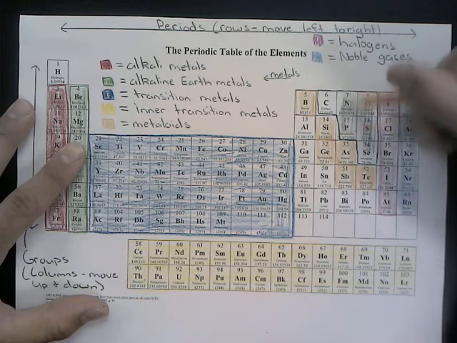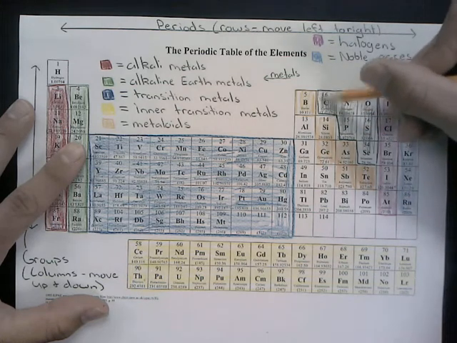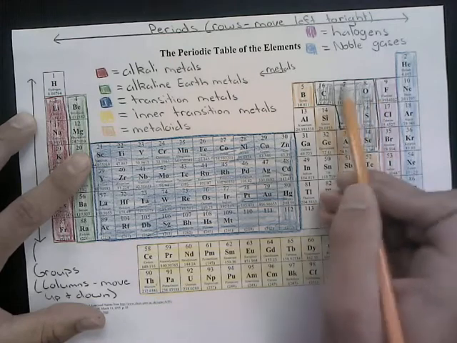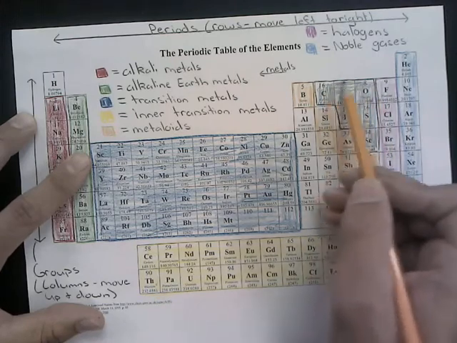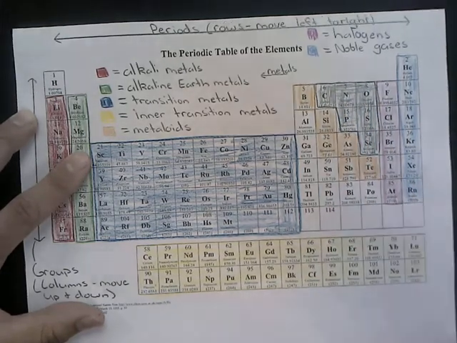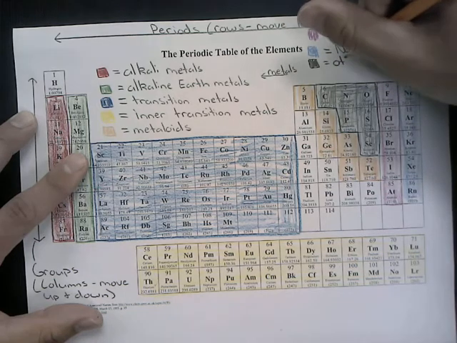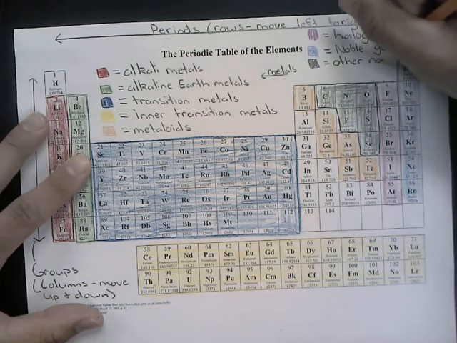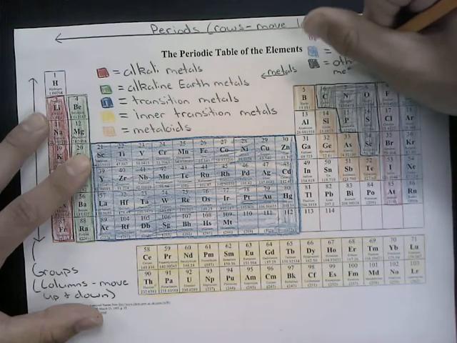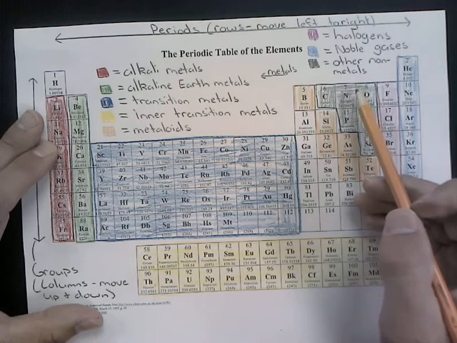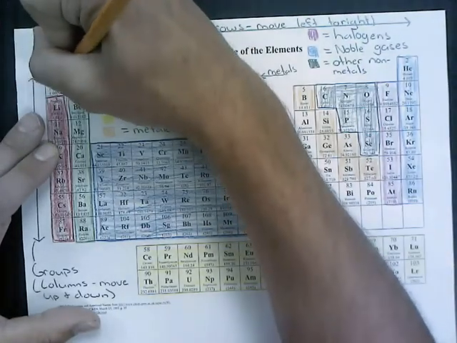And these, they're still important, and we utilize them throughout this class, but these are known as the other nonmetals. So again, just shaded here in regular pencil, these things are known as the other nonmetals.